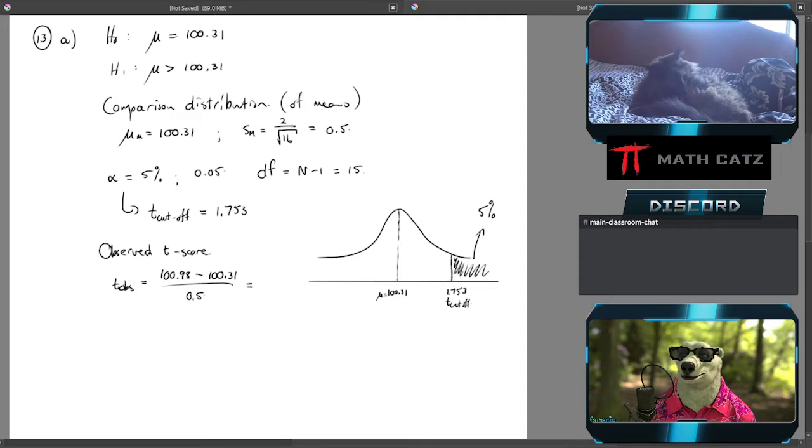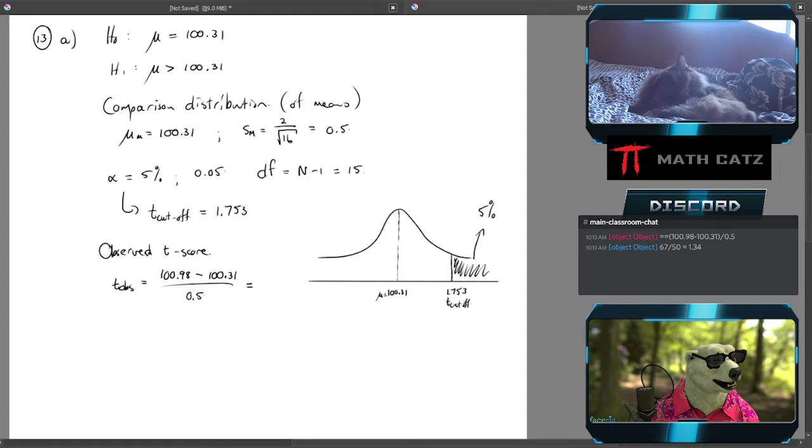That difference looks very small, but it really depends on all the other aspects of the distribution to decide how small is too small. 100.98 minus 100.31 divided by 0.5 there. Calculator shows 1.34. 1.34, let's write that down.